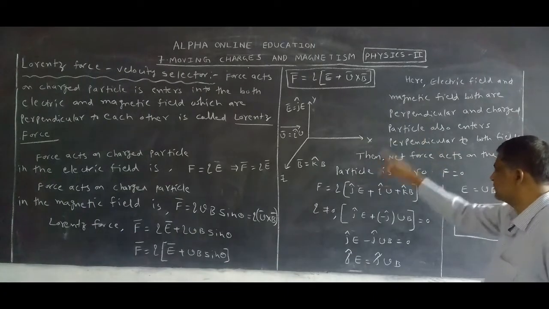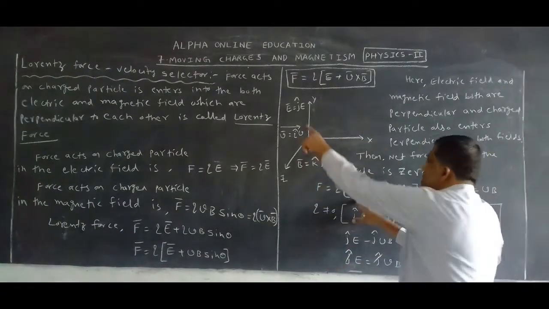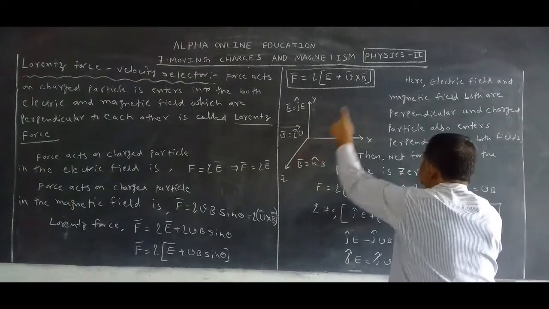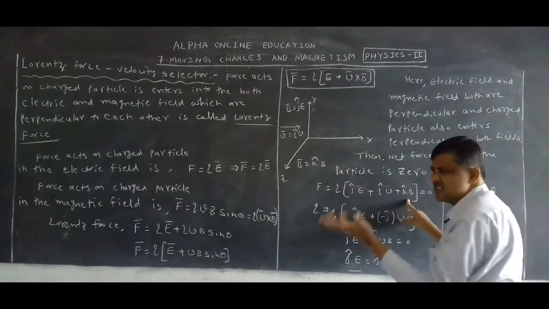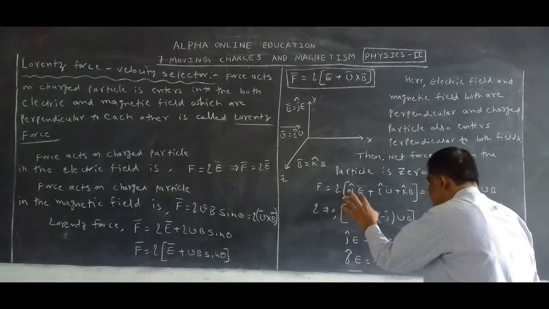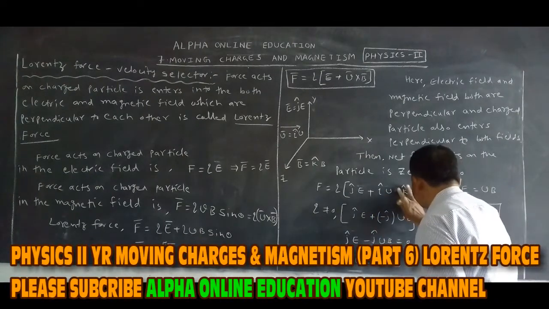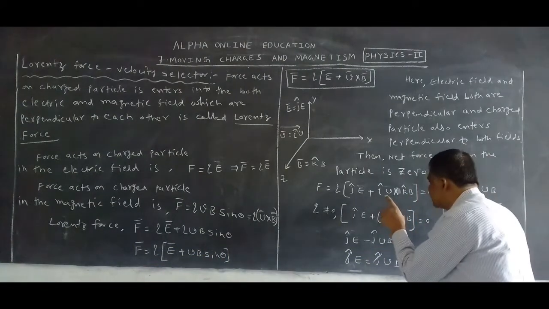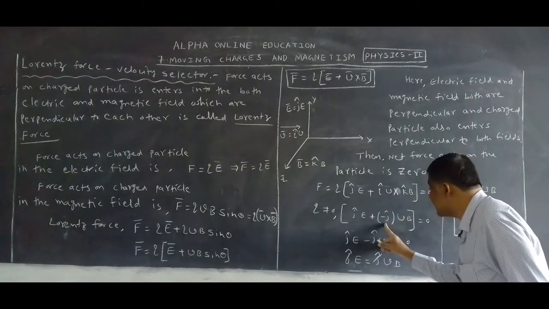What is F? Q times E bar, which is j cap E, V bar is i cap V, and B bar is k cap B. The charge is not 0, so what is 0 is j cap E + i cap V cross k cap B. We know that i cross k is minus j.